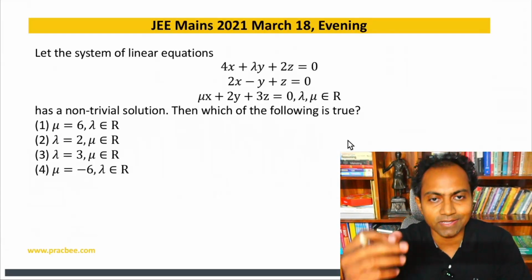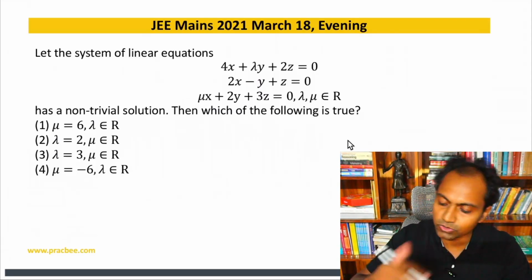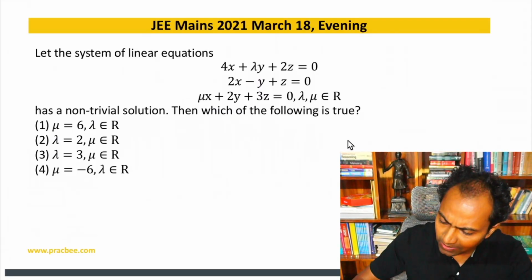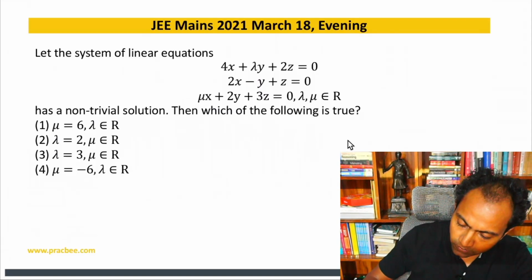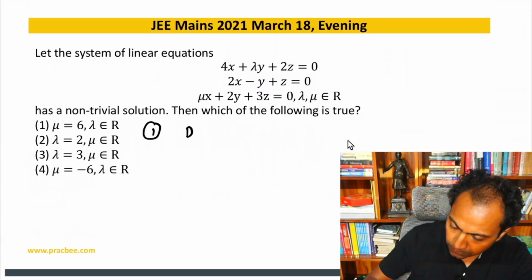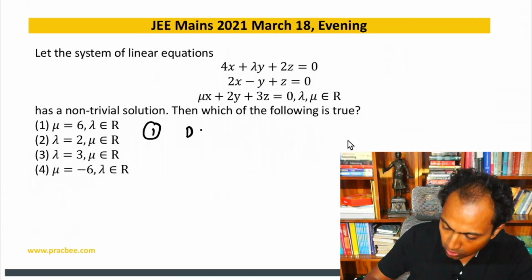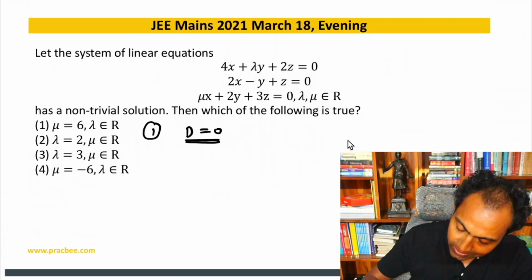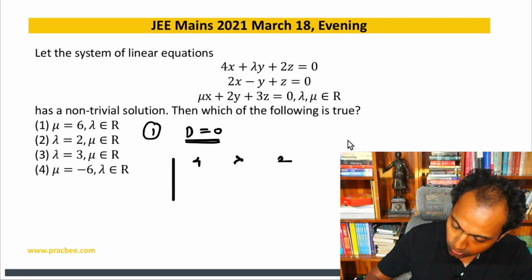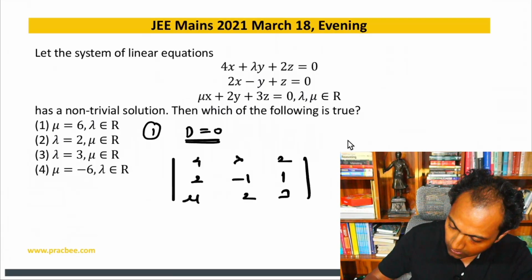The question says that the system of equations has a non-trivial solution. That essentially means dx, dy, dz are already 0. What we should check is the value of d. This should also be equal to 0, only then will infinite solutions happen. So let us check this out. This will become the determinant with rows 4, lambda, 2; 2, minus 1, 1; mu, 2, 3, and this will also be equal to 0.